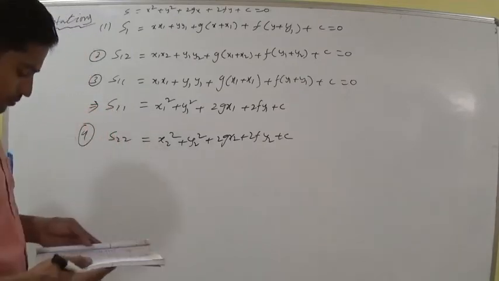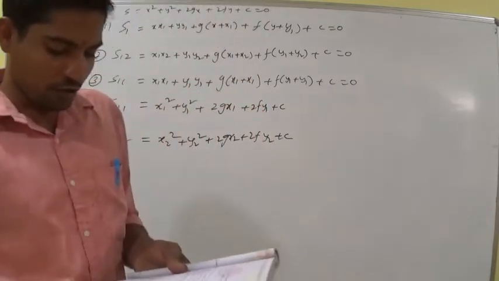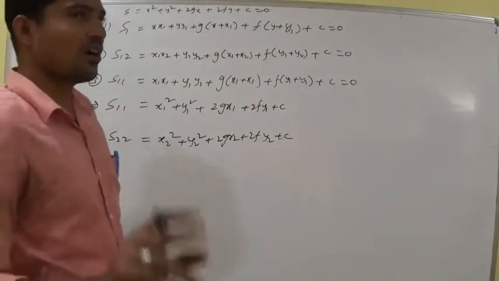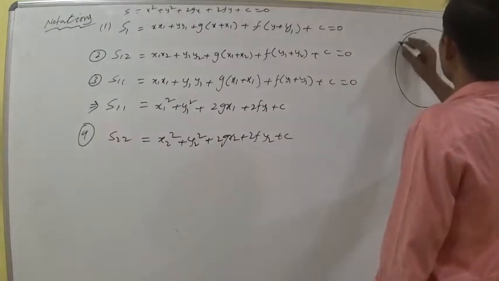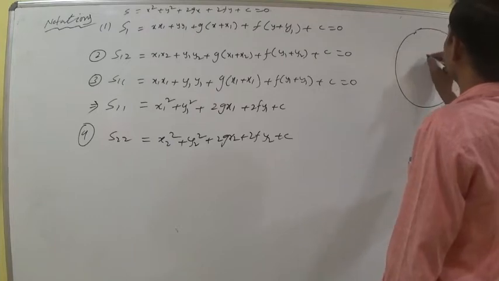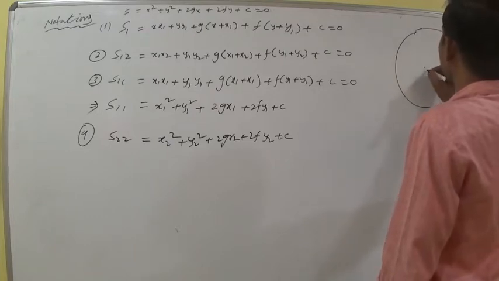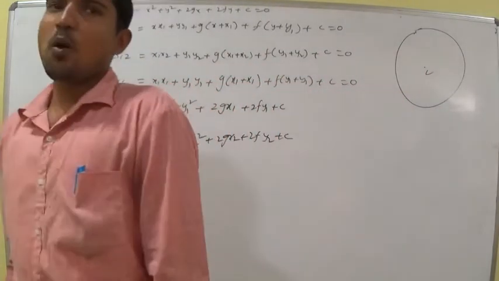Next, the position of a point. Position of a point is very important here. Suppose there is a circle with center C, and I am taking a point here.